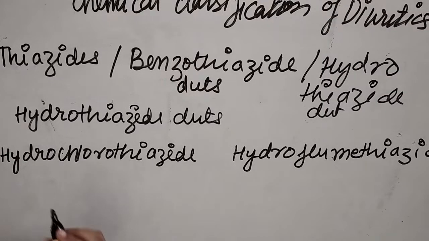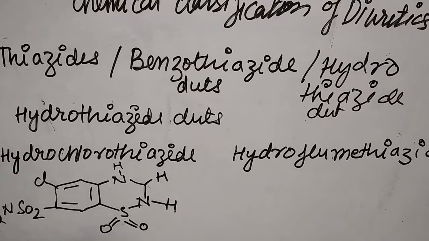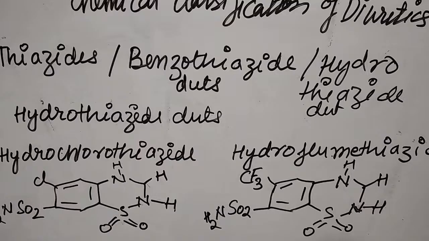Let's draw their structures. This is the structure of hydrochlorothiazide and this is the structure of hydroflumethiazide. These are examples of hydrothiazide derivatives.